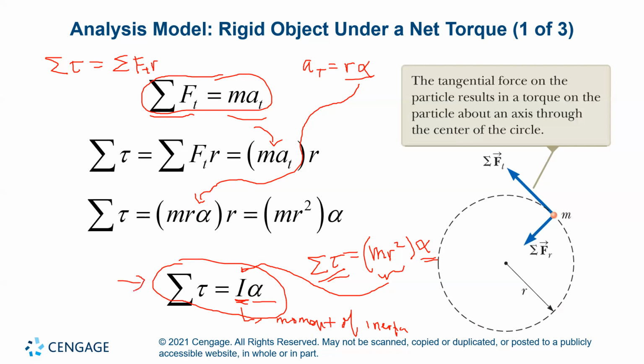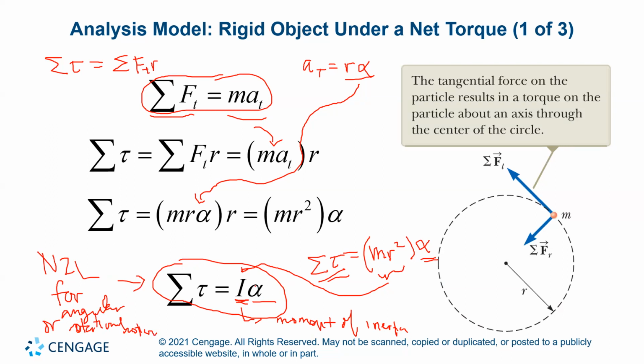So this is also known as Newton's second law for angular or rotational motion. This formula that I encircled, the summation of torque equals I alpha, is the rotational analog for Newton's second law.